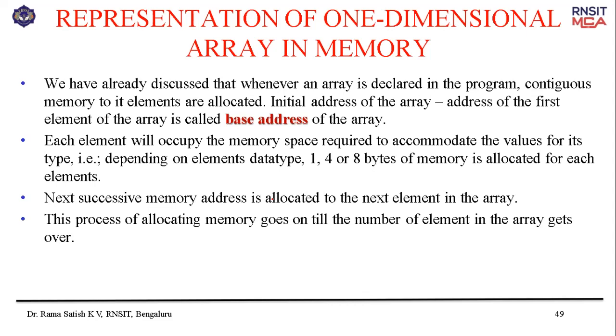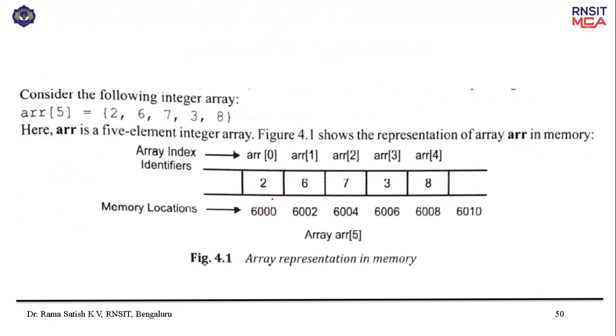The next successive memory address is allocated to the next element in the array. The process of allocation continues until the number specified in the declaration of the array is satisfied.